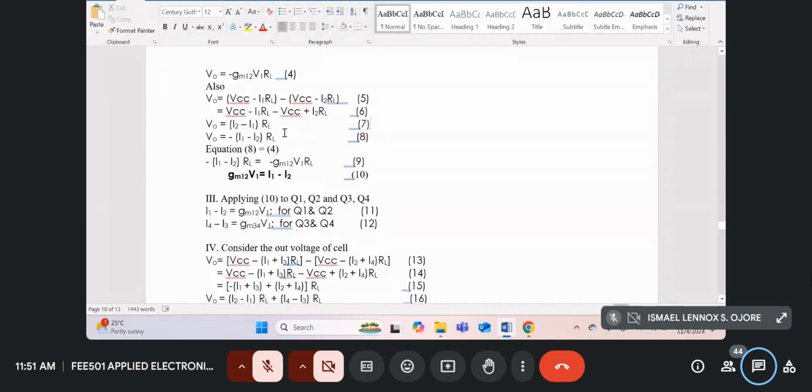So now we can equate equation 8 to our first equation, which is equation 4 over here. V0 was also equal to minus GM12 into V1 RL.